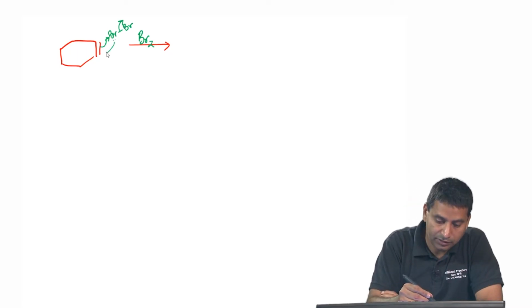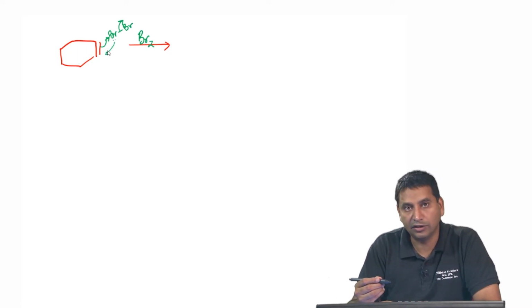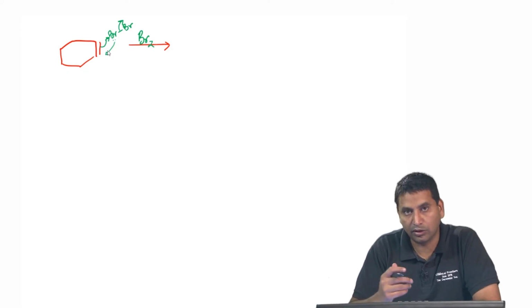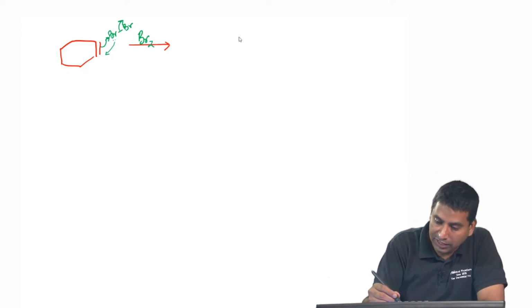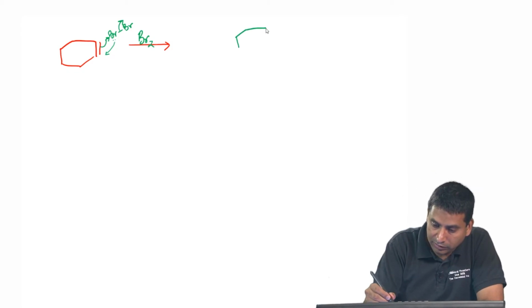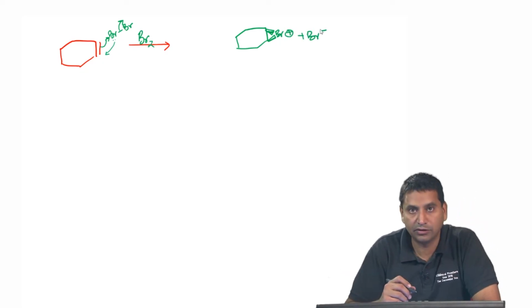Okay. So, it requires a 3-step process or a concerted type of mechanism, and you would end up with a cyclic bromonium ion plus Br minus. Okay.